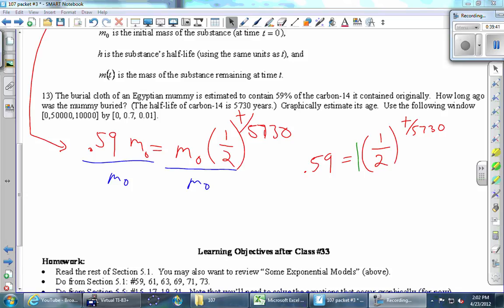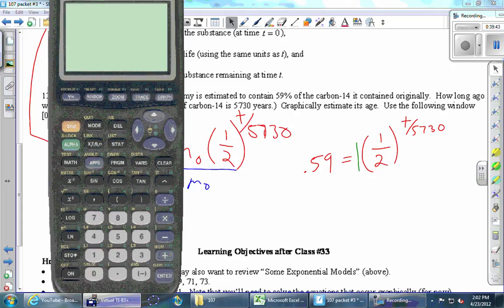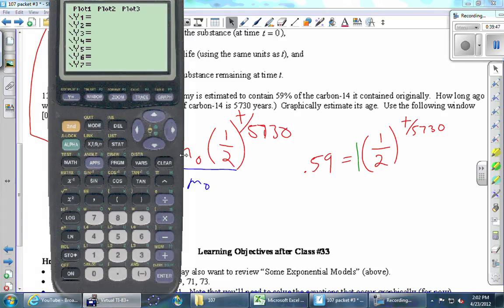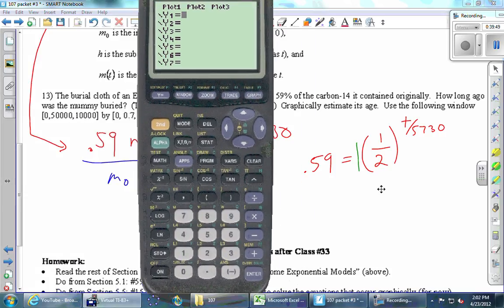Okay, so let's see if we can graph this thing on the calculator. Y equals. Okay, so we're going to carefully type in the right-hand side of my equation. So we're going 0.5 or 1/2 to the, what do I put up there? x over 5730, right?